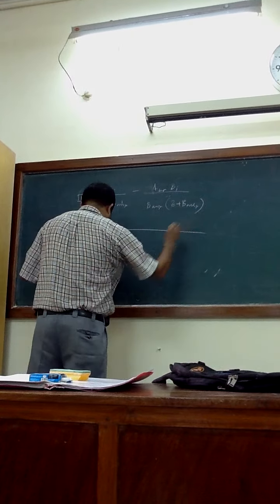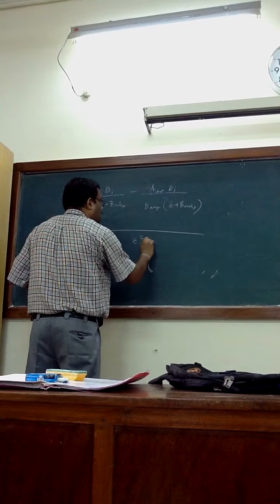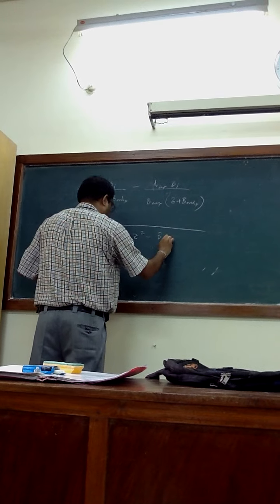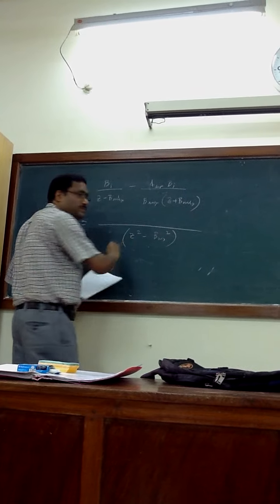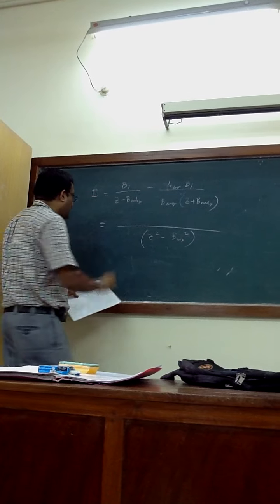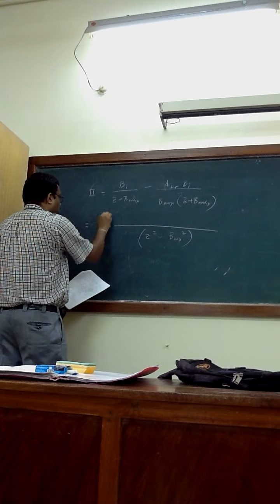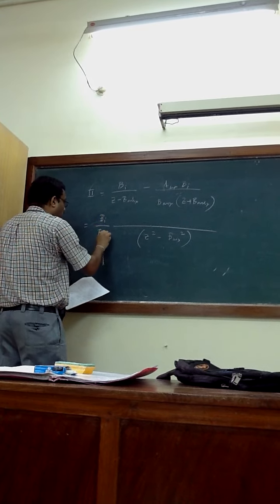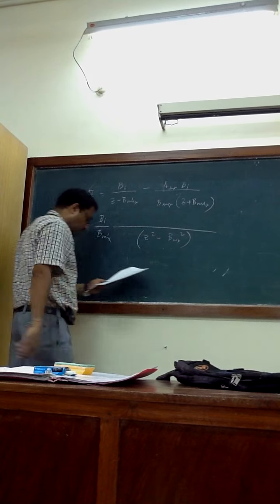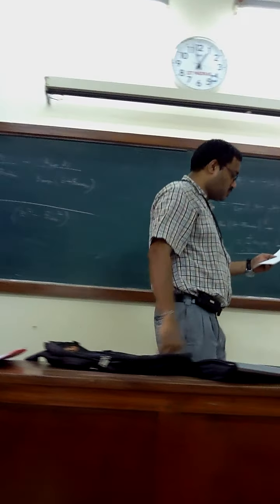If you combine it, it will be Z square minus B mix square. Am I correct? The numerator term will be B i, B mix, capital B i, capital B mix. What will the other terms be?